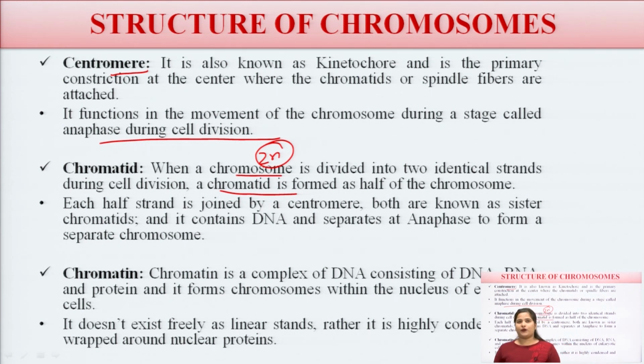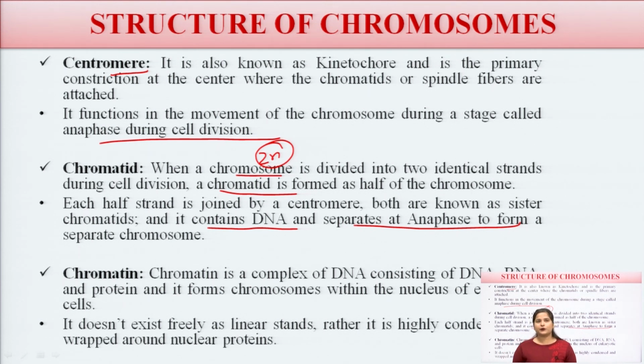Each half strand is joined by the centromere, and both are known as sister chromatids. They contain DNA and separate at anaphase.